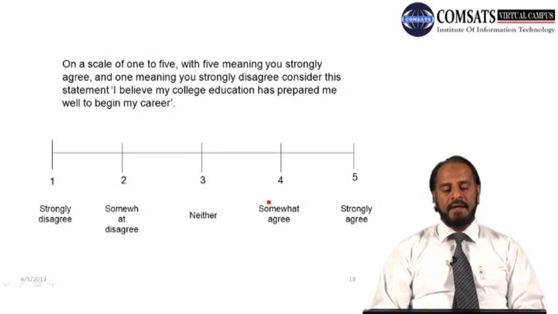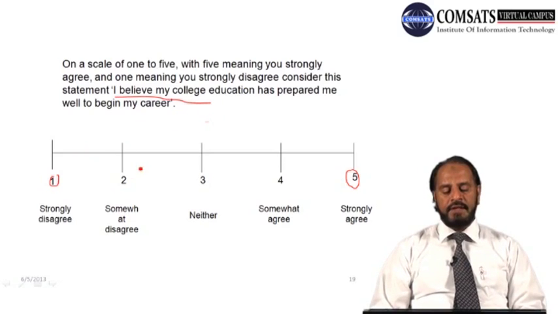An example of this scale is: on a scale of 1 to 5, with 5 meaning you strongly agree and 1 meaning you strongly disagree, consider this statement: I believe my college education has prepared me well to begin my career. Now, you can agree, strongly disagree, or strongly agree, depending on the stand you want to take.